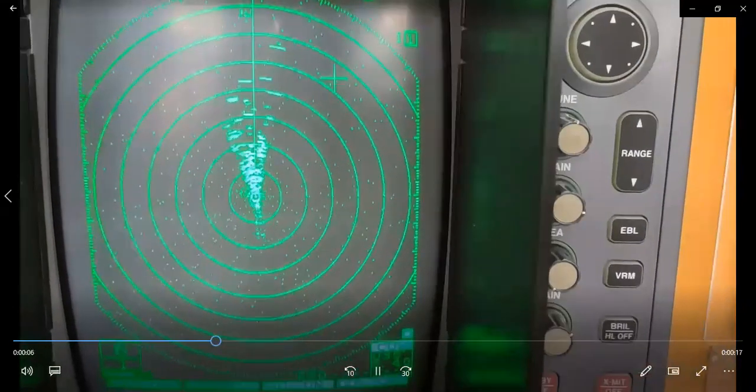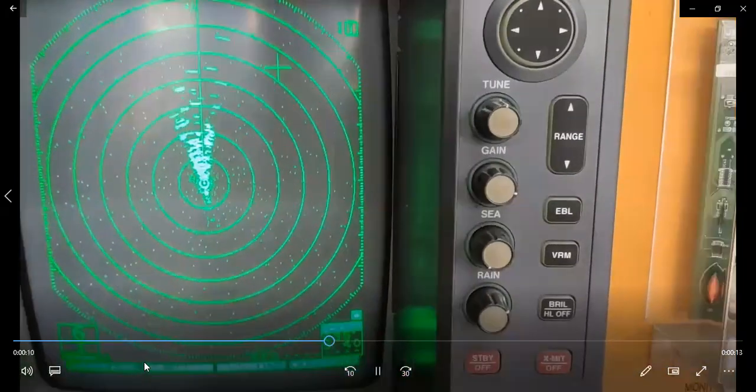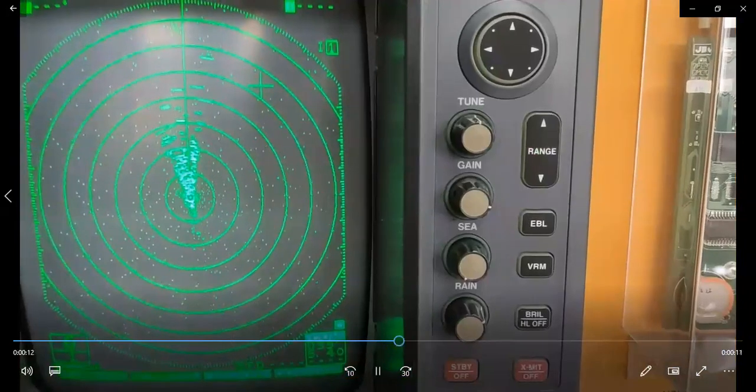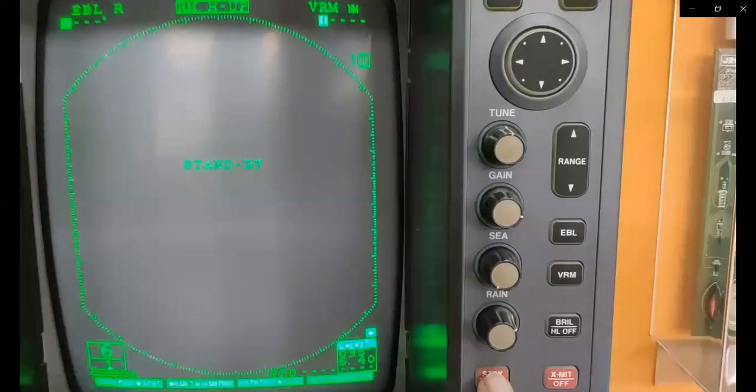Yes, sir. So I think this one does not contain any additional information. It's sort of repetition, but he's now turning off the radar.